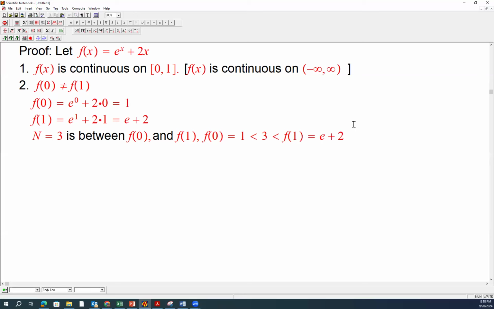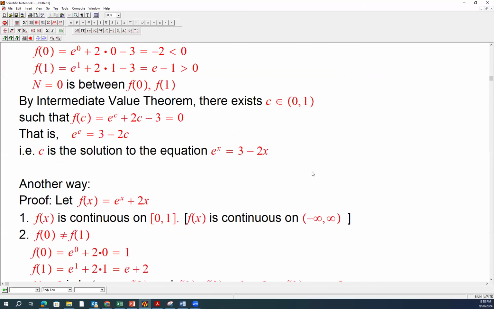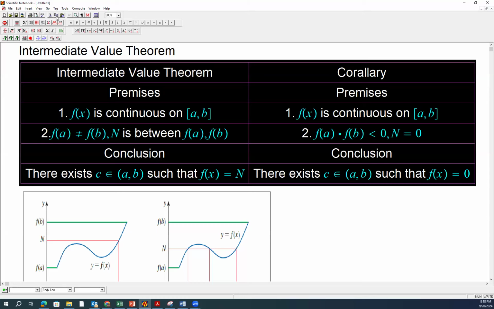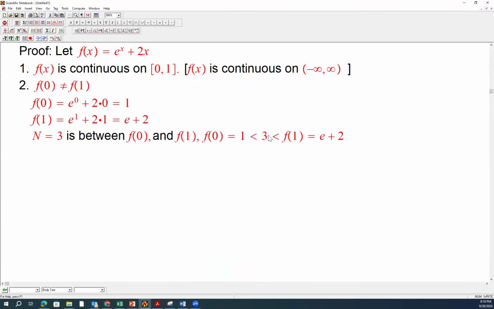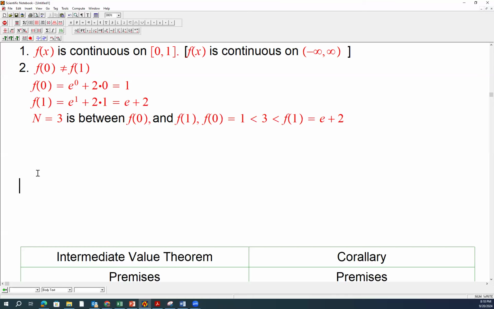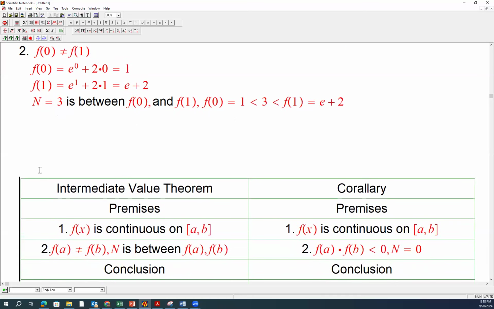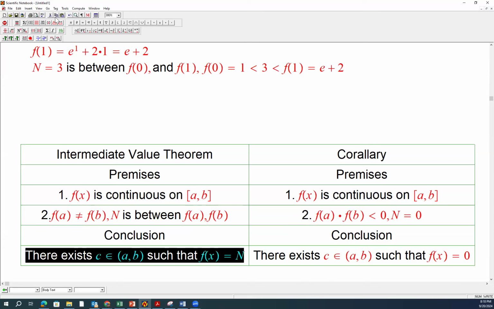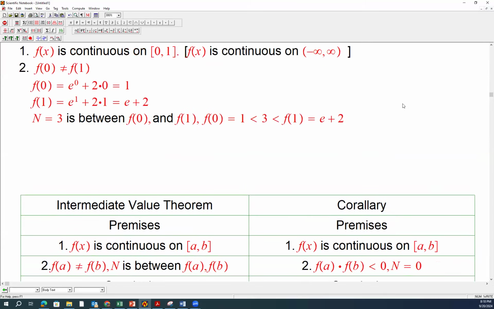So now we're going to apply the intermediate value theorem, right? I'm going to copy the whole table and put it right next to me. Okay, so what do I say? I'm just going to copy and paste the conclusion. The conclusion is such, right?